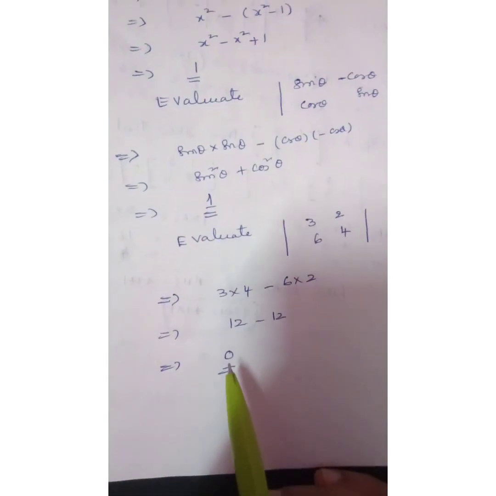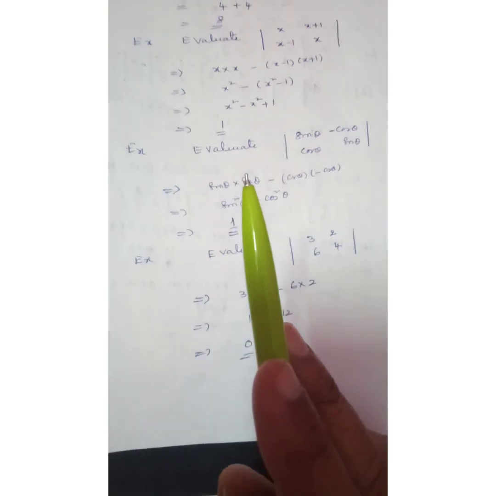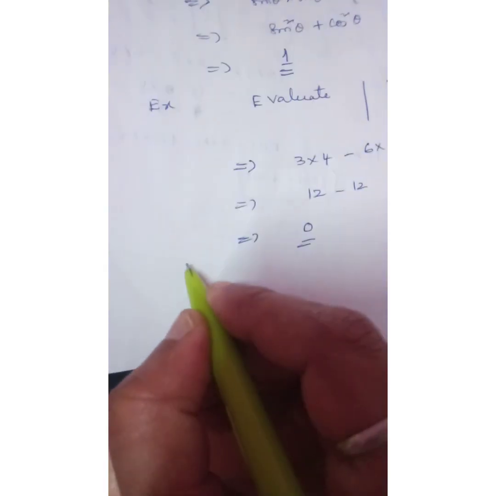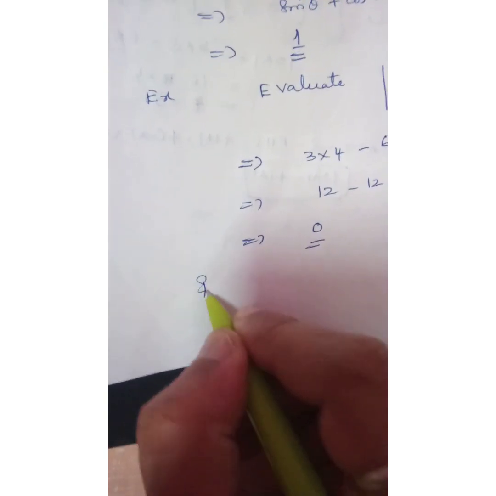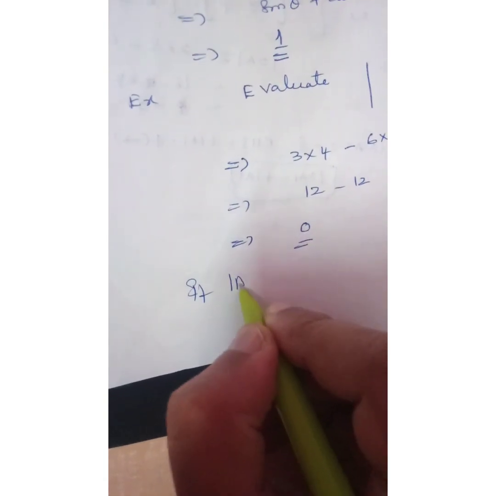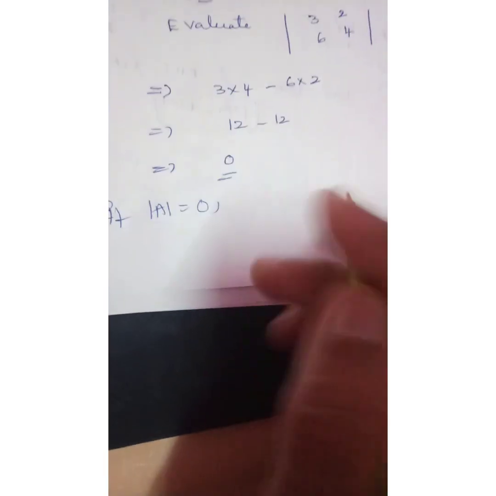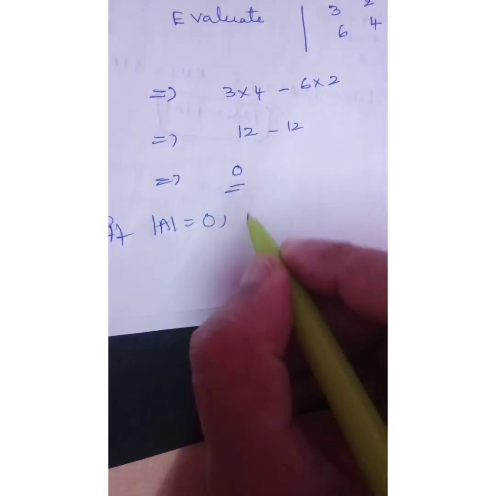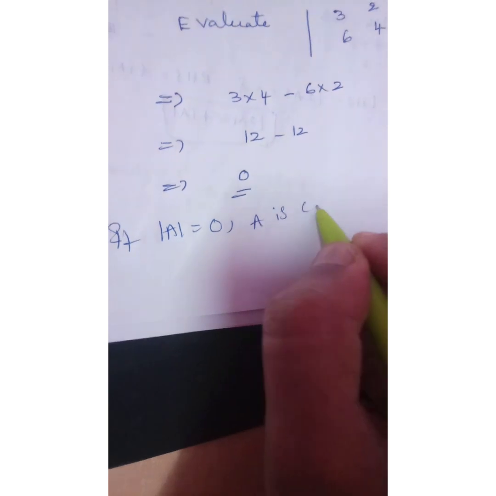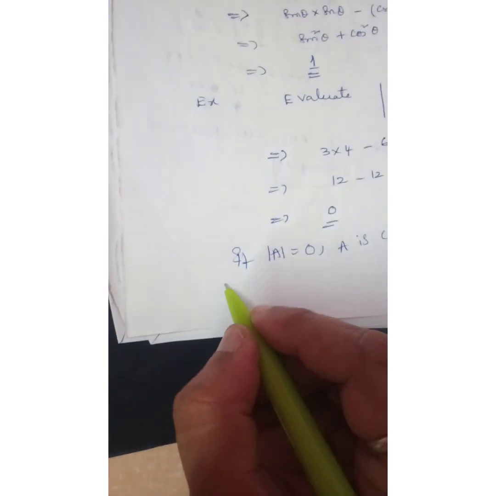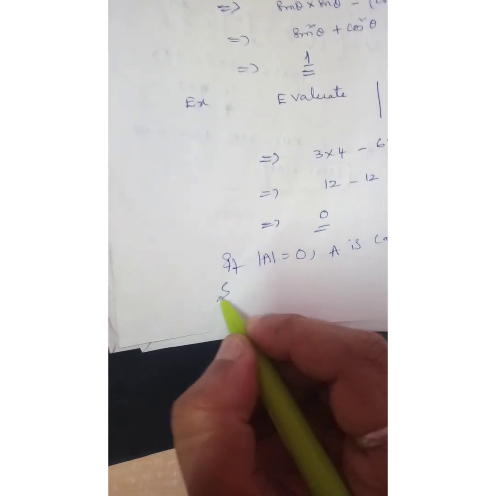Now the last one, evaluate the determinant of 3, 2, 6, 4, so we'll get here 0. So in one determinant you are getting 0 and other determinants are getting values. So wherever the determinant is 0, then A is called a singular matrix.